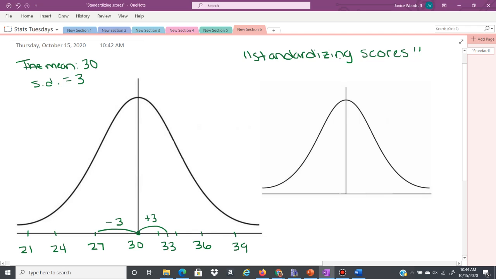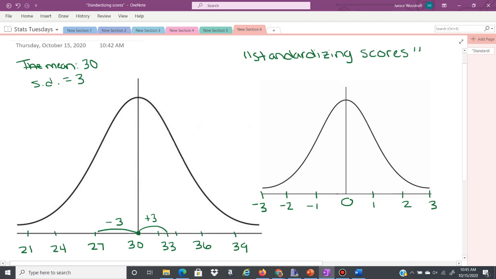But all it means to standardize the scores is to use this for your mean: 0, and then 1, 2, and 3, and -1, -2, and -3. In this case, 0 would mean 30, and 1 would mean 33. If I wanted to find a certain value on here, I would use a formula, which we will learn shortly.